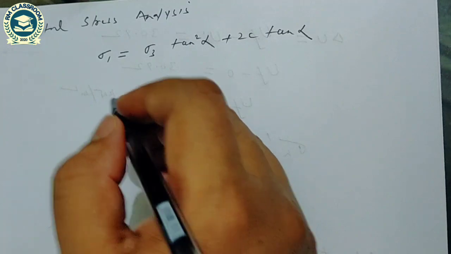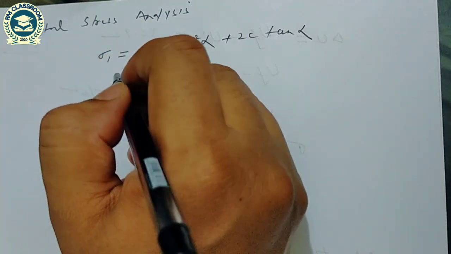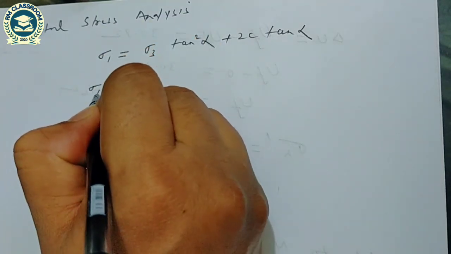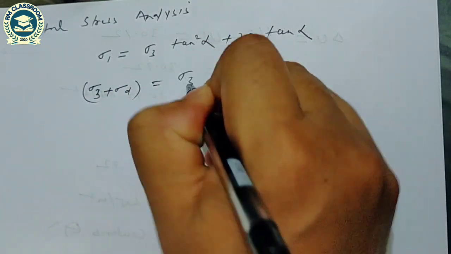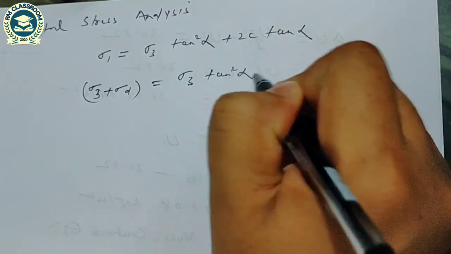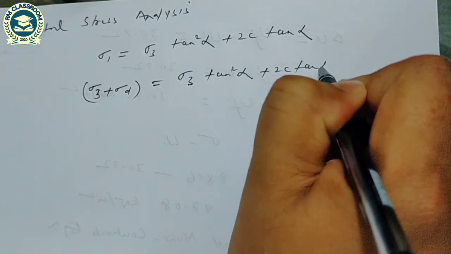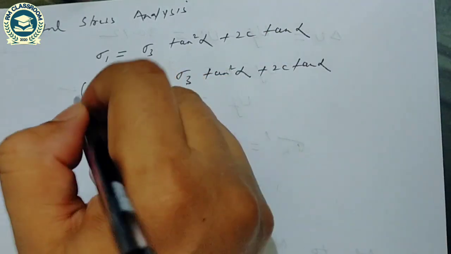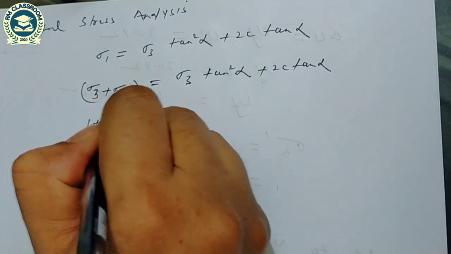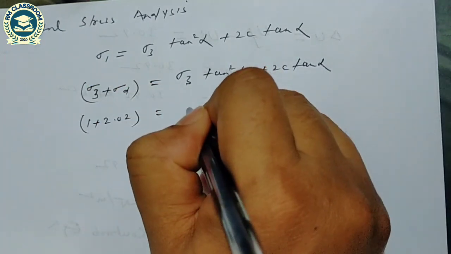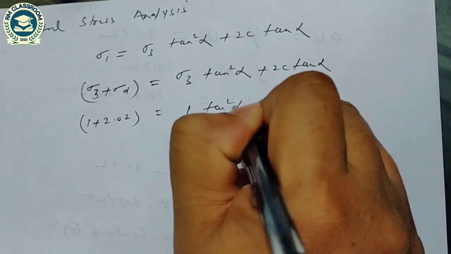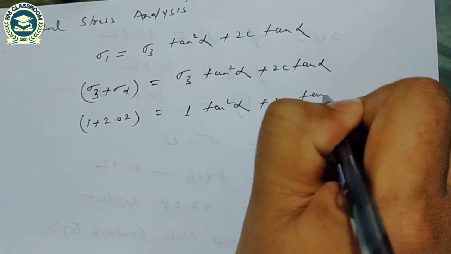So in the first sample, total stress can be written as sigma 3 plus sigma d is equal to sigma 3 tan square alpha plus 2C tan alpha. And for the first sample, the cell pressure is 1, so 1 plus 2.02 is equal to 1 tan square alpha plus 2C tan alpha.